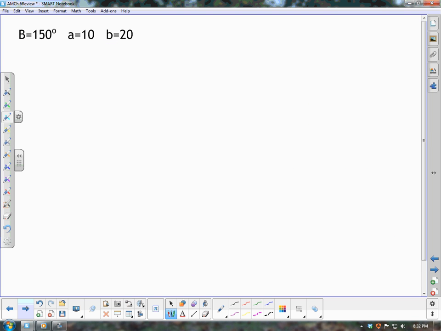Second question. Here we have angle B is 150, A is 10, and B is 20. Again, we have a side and an angle opposite, so we can use law of sines.